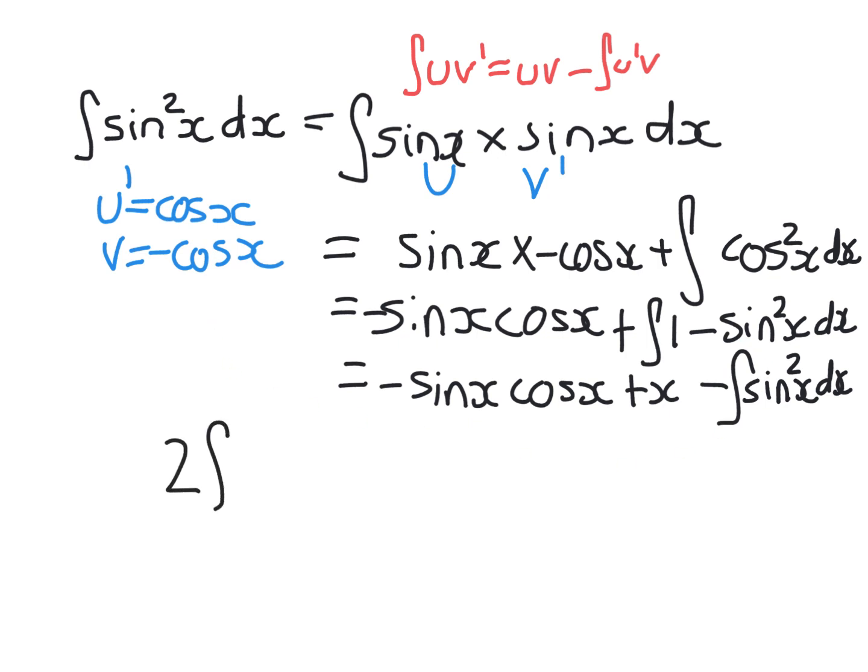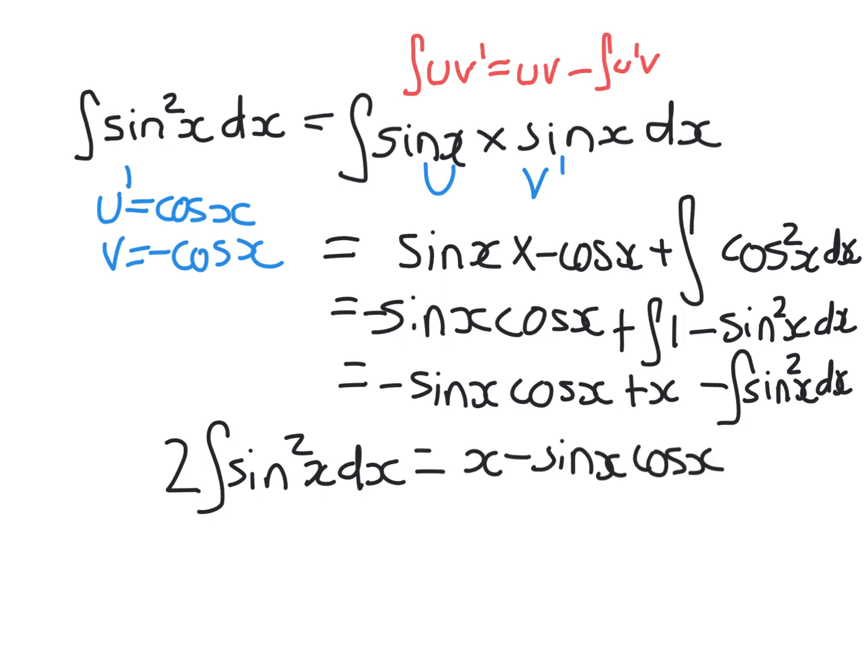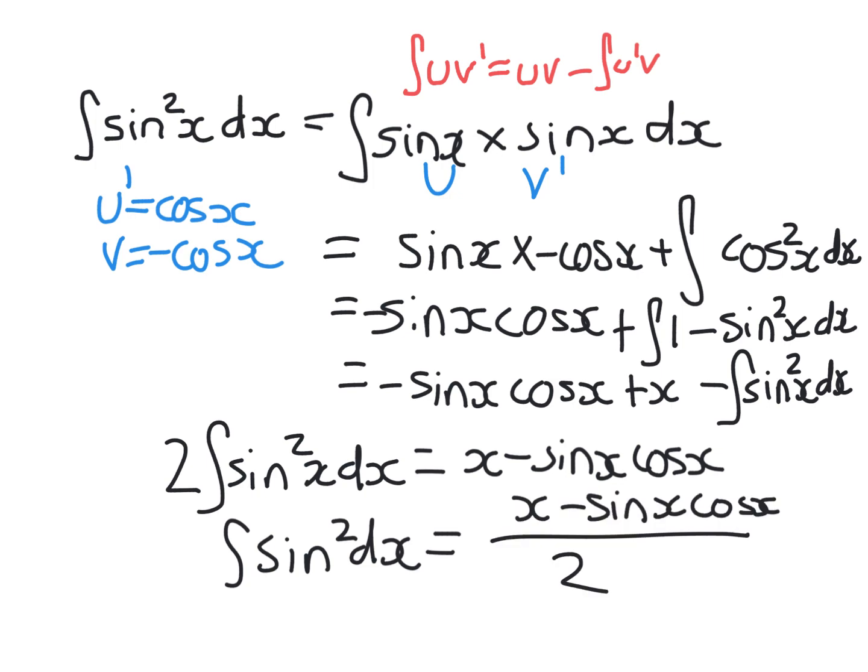So we actually get 2 times the integral of sine squared x is equal to all of this. And dividing each side by 2, we simply get that the integral of sine squared x dx is all of that divided by 2. And again, because it is an indefinite integral, we need to write the plus c.